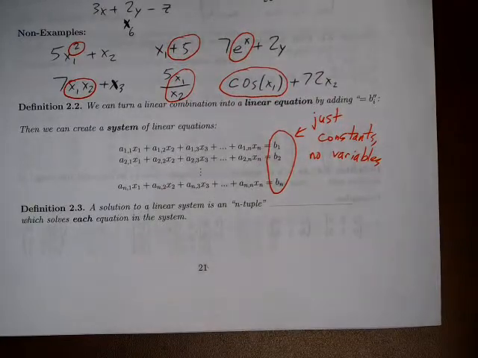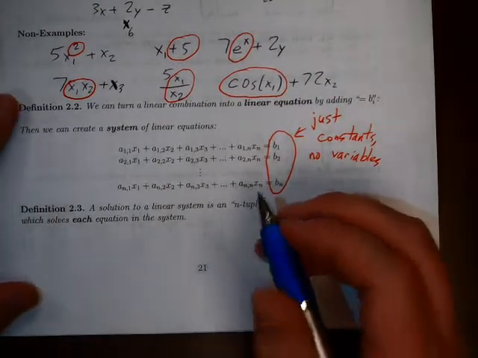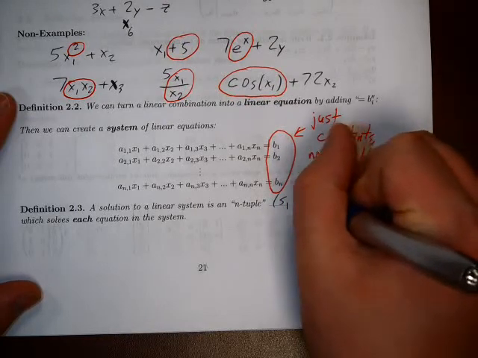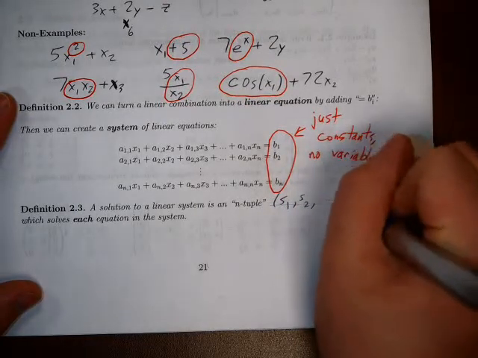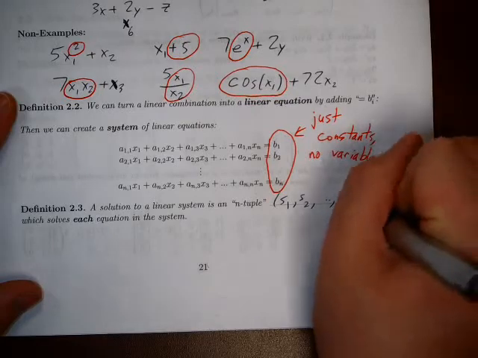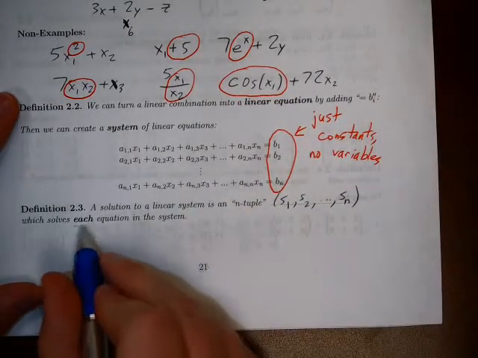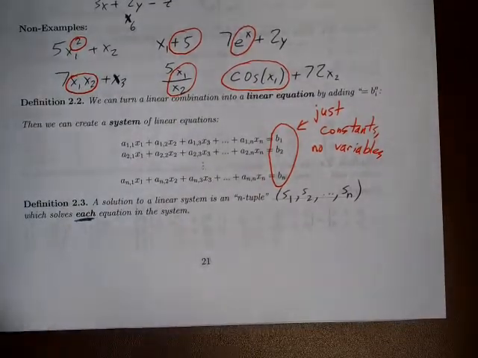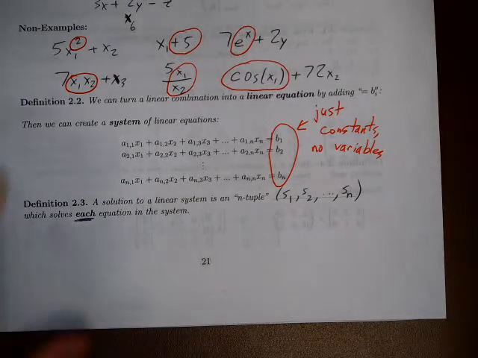A solution to a system of linear equations is going to be an n-tuple s1, s2, all the way through sn, which solves each equation in the system. If you remember in ICE 1, we talked about how when we have something that's solving a system of linear equations, every single equation has to be satisfied.